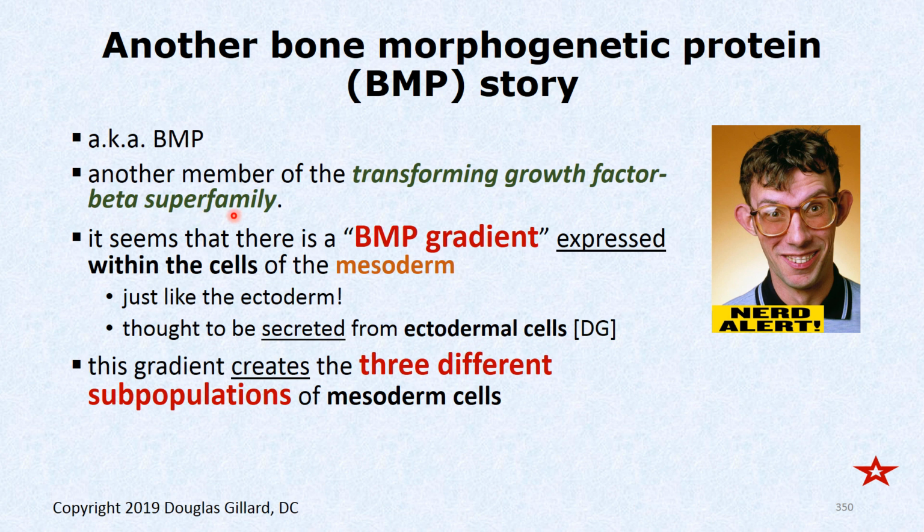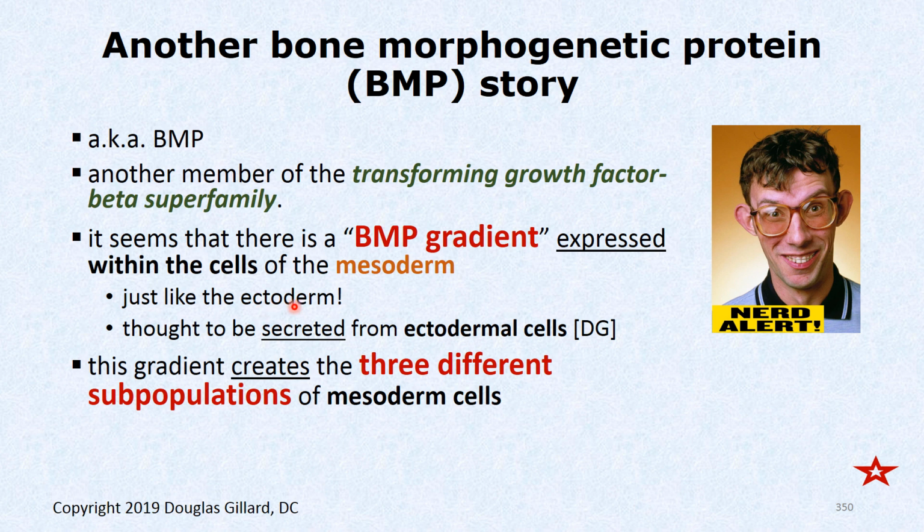And it seems, according to research, that there's a BMP gradient expressed within these cells, meaning that the cells more toward the midline express only a tiny bit, if any, of BMP, while the ones farther out, the lateral region, express tons of BMP.